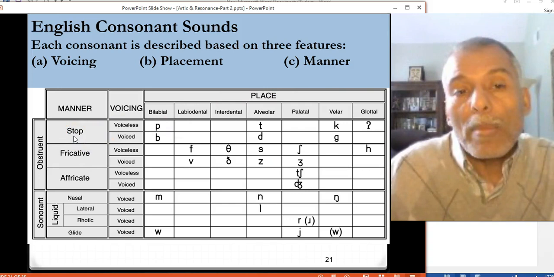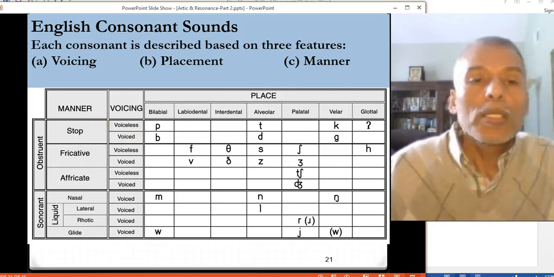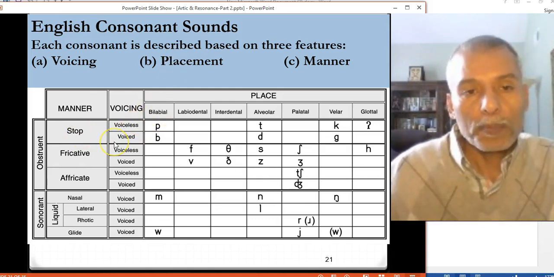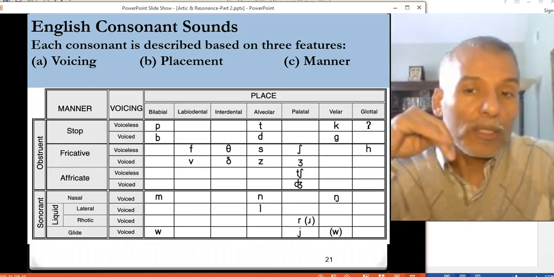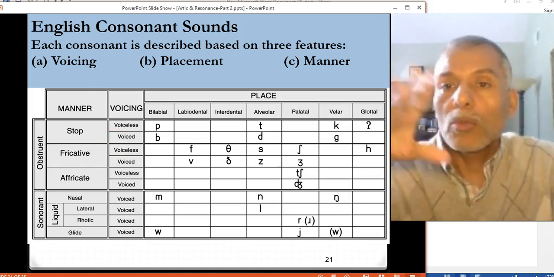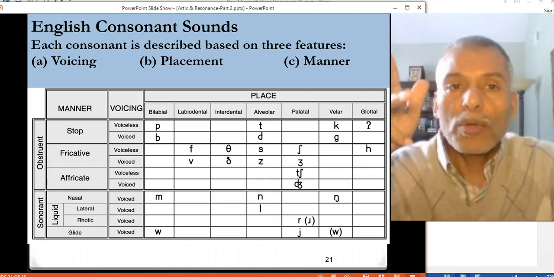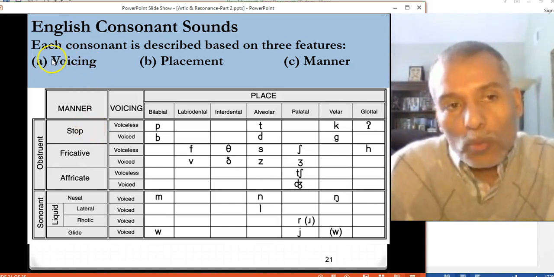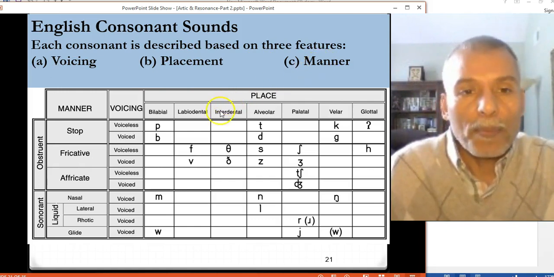It's a stop, because it makes you completely stop. So voiceless, bilabial, stop. Only 3 words. You should not be giving descriptions, just give exact 3-word descriptions, and start with voicing first, then move to placement and then manner.